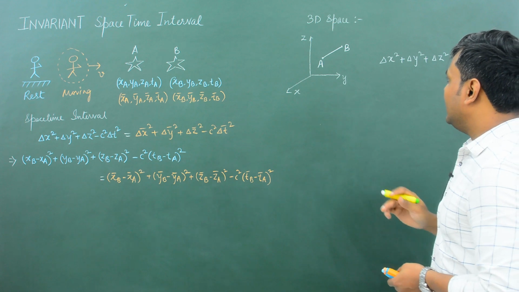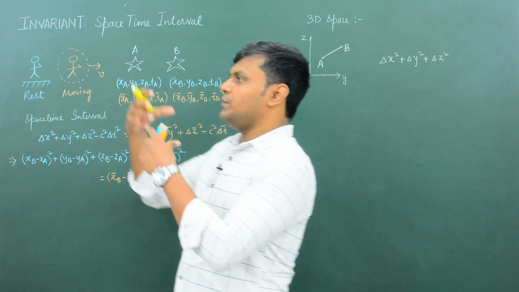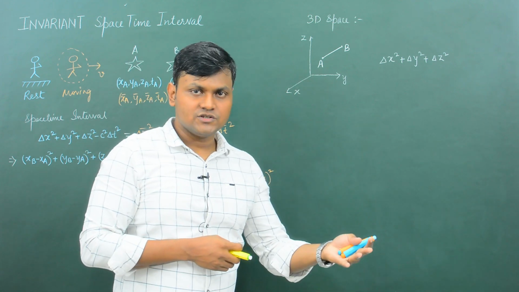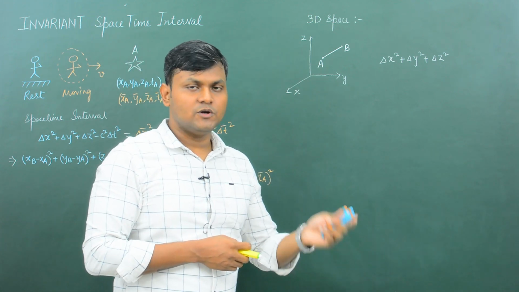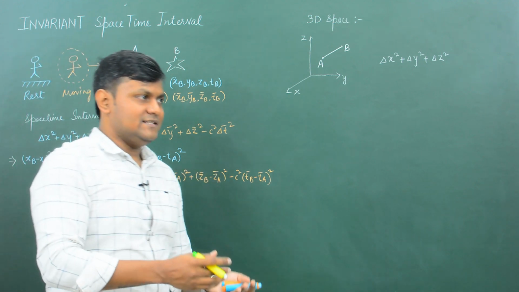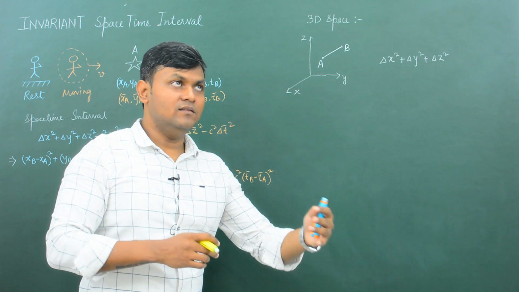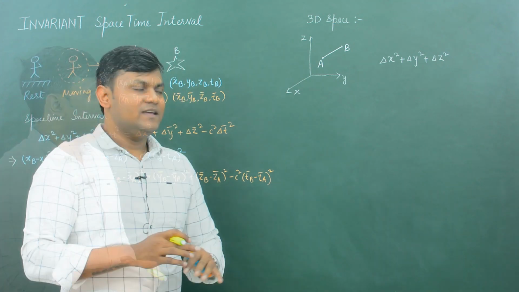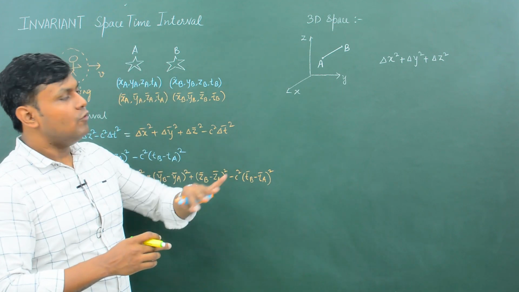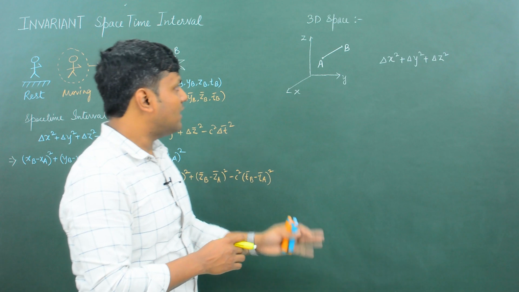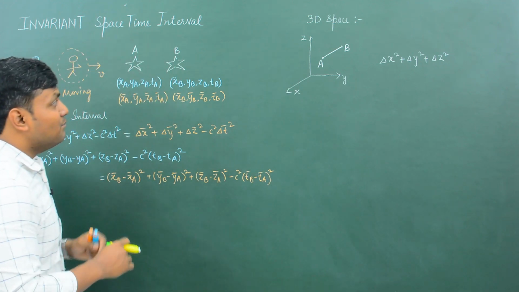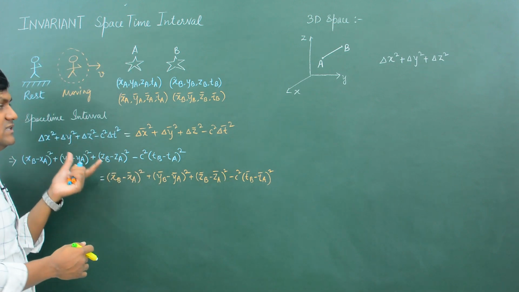However, now we need to construct a space-time which includes not only the 3 spatial directions but also a time direction. It is not easy, in fact not possible, to visualize a 4D space-time in 3D space. So I'm not going to draw the diagram, but this interval means the same thing.